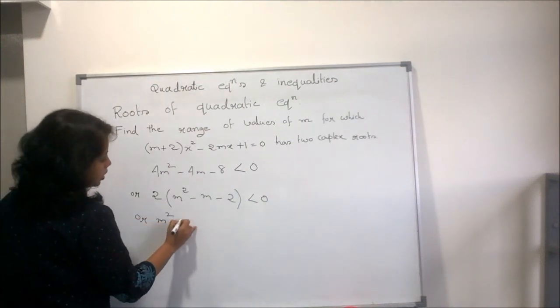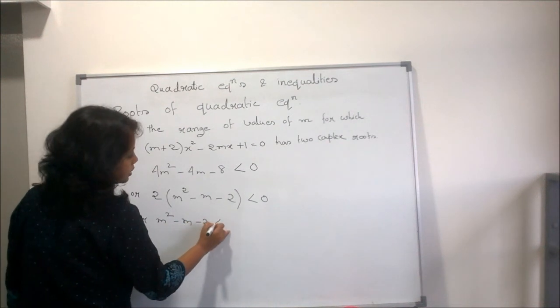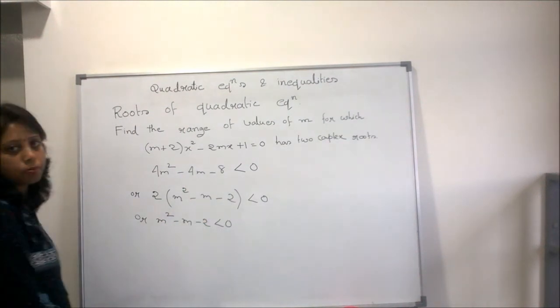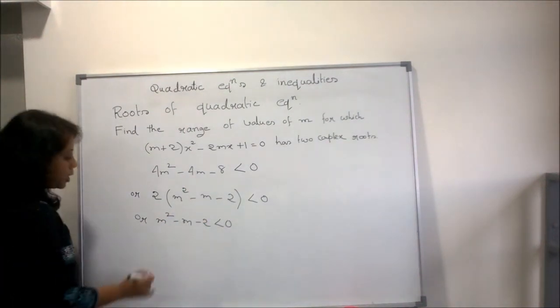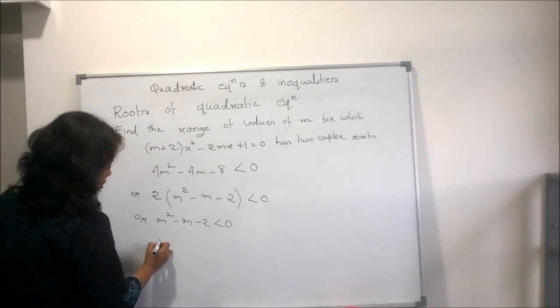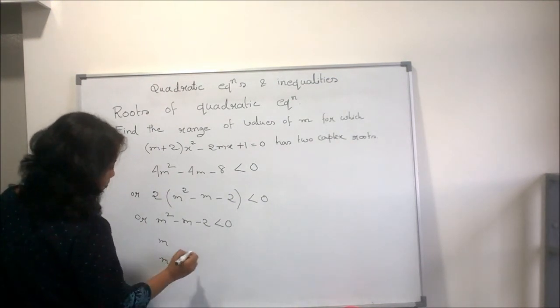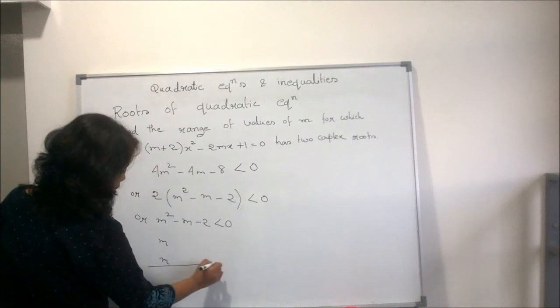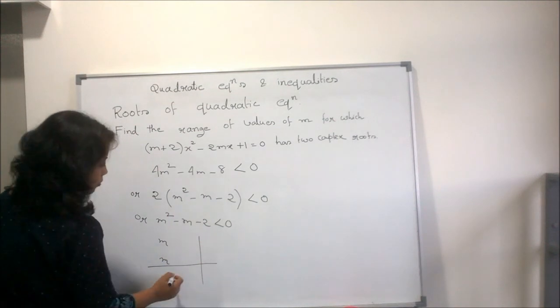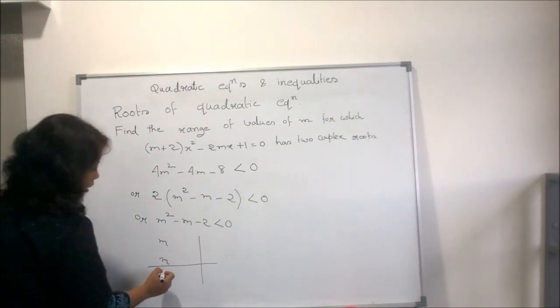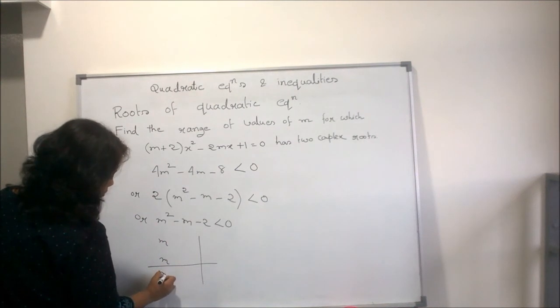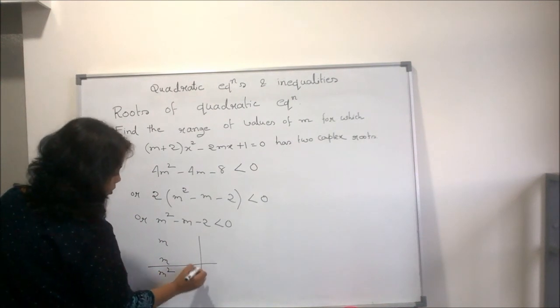m square minus m minus 2 less than 0, dividing by 2 on both sides. So from here we can say that m square minus m minus 2.